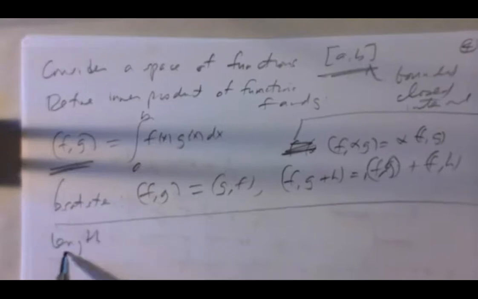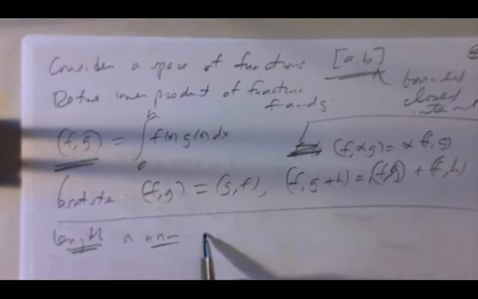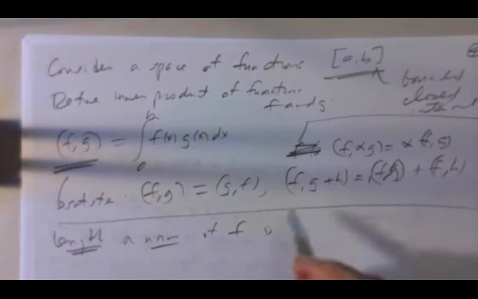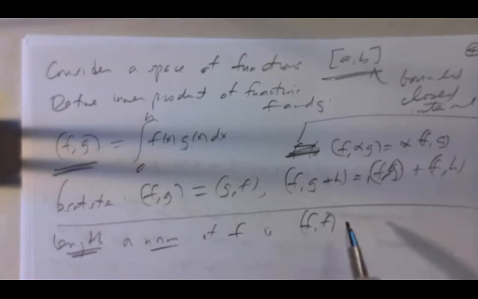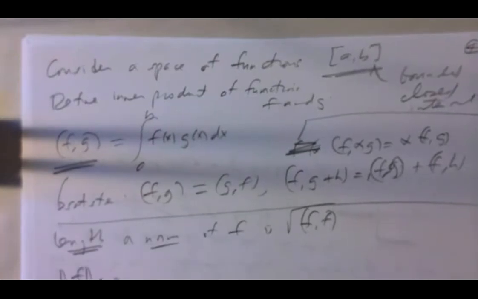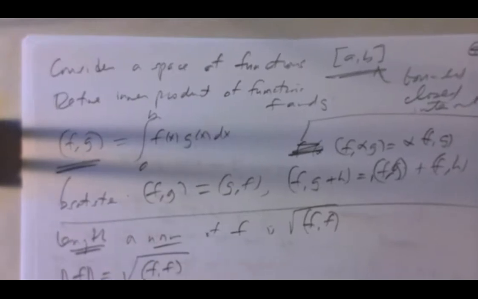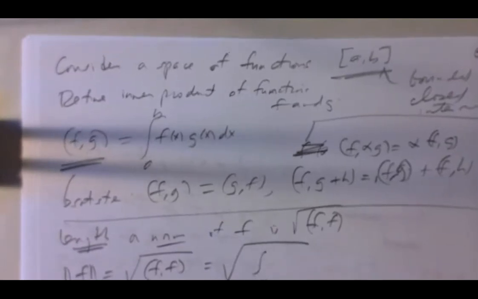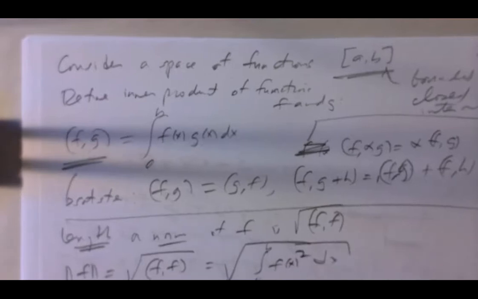And the length, or the norm of a function f, is just the inner product of f with itself, and then you take the square root. It's usually denoted like this: the norm of f is the square root of the inner product of f with itself, which is the square root of the integral from a to b of f of x times f of x, which is f of x squared, dx.